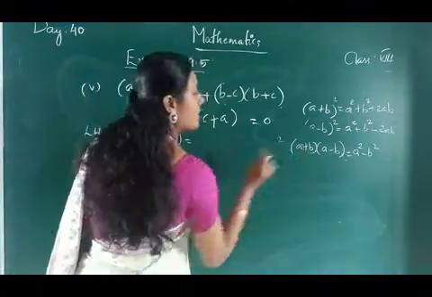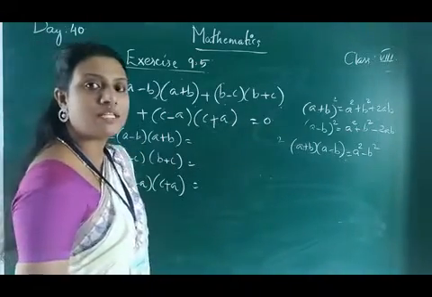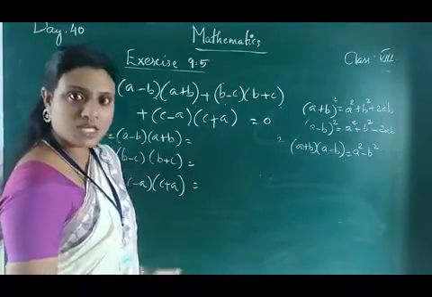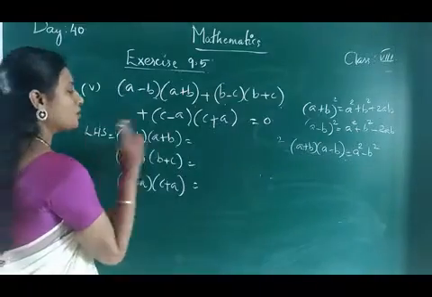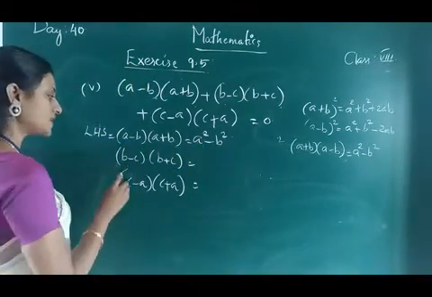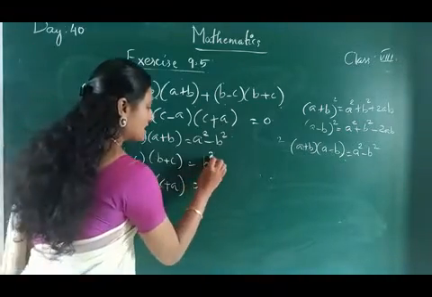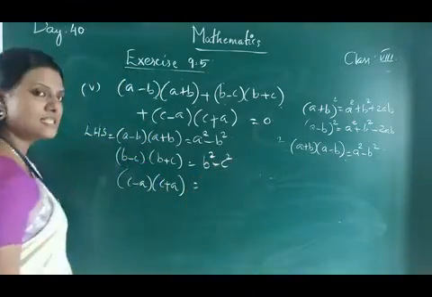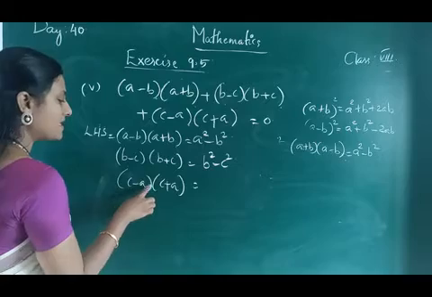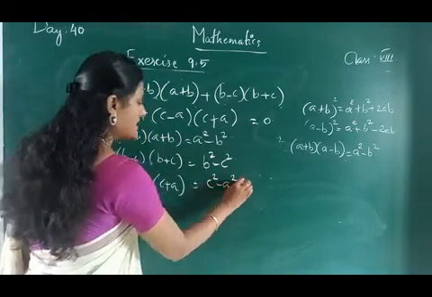A plus b into a minus b is equal to a minus b into a plus b. Just like 3 into 7 and 7 into 3 are the same. So a minus b into a plus b you can write as a square minus b square. Similarly, b minus c into b plus c can be written as b square minus c square. Next, c minus a into c plus a can be written as c square minus a square.